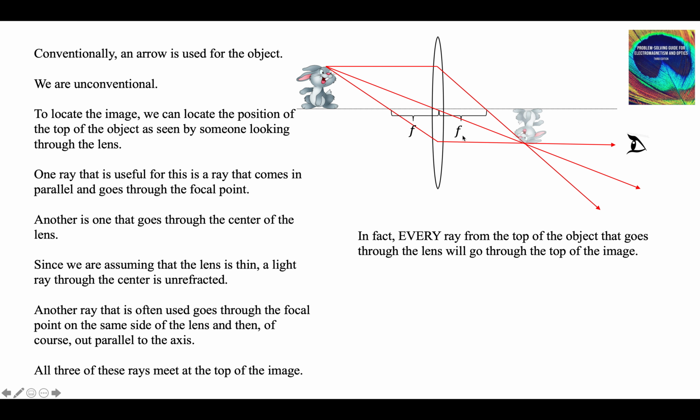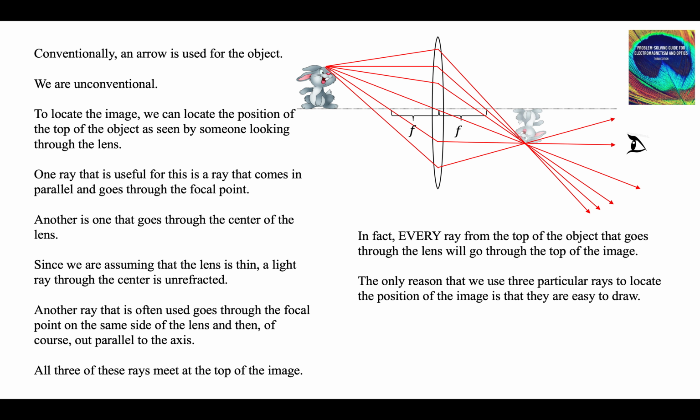So we drew 3 rays, but in fact, every ray from the top of the object that goes through the lens will go through this point. That one, this one, all of them. The only reason we use those 3 rays is they're easy to use. Straight through the center of the lens, that's easy to draw.